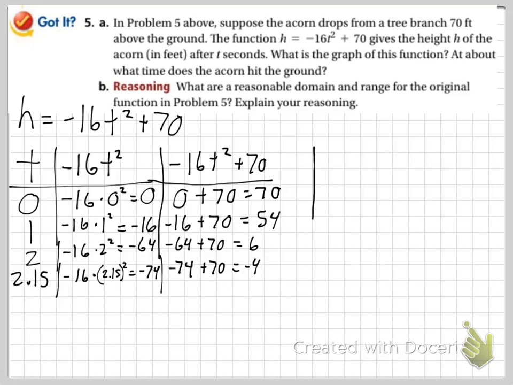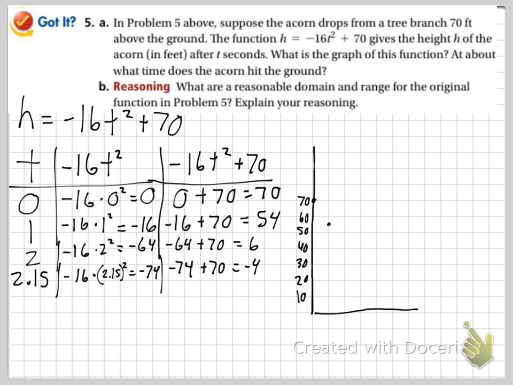We're working with positive numbers, so we only need that first quadrant. Okay, I'm going to go up by tens. So at 0, we're at 70. At 1, we're at 54, so about there.